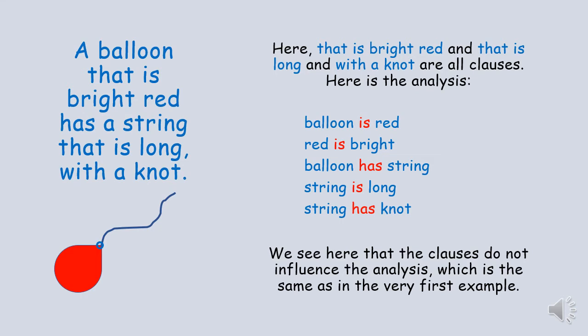Balloon is red, red is bright, balloon has string, string is long, string has knot. As we can see in this particular case, the clauses do not influence the analysis, which is exactly the same as in the very first example given in this lecture.